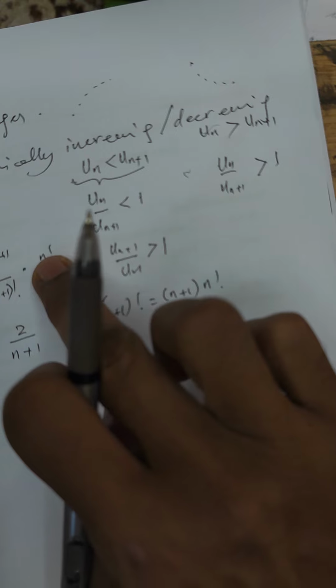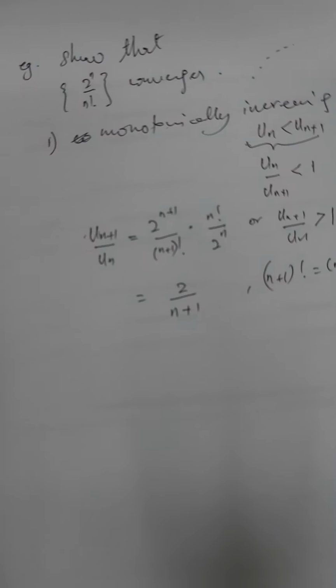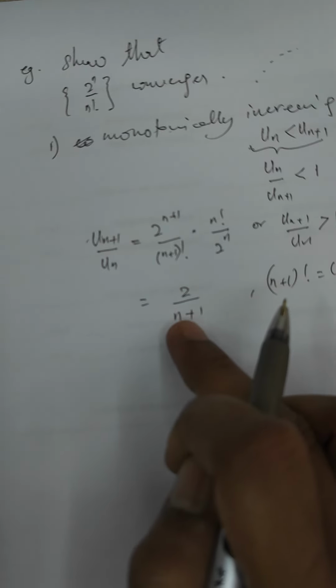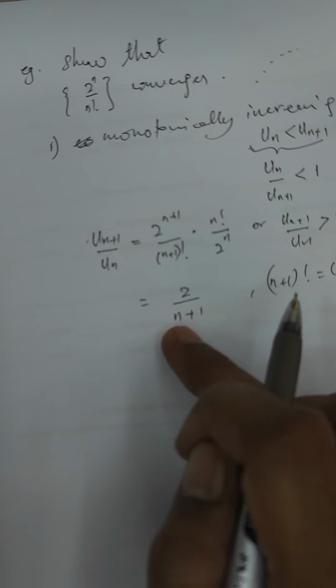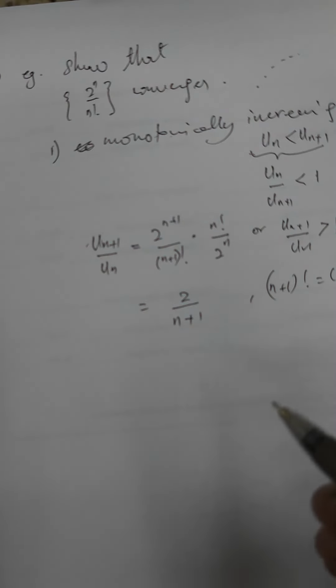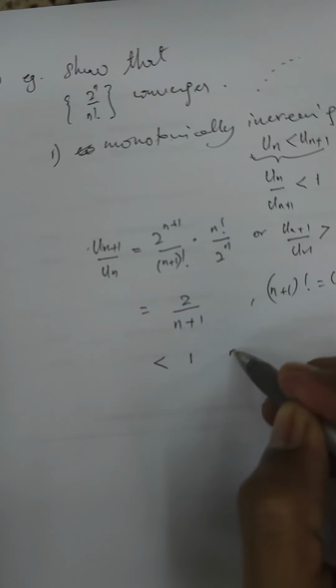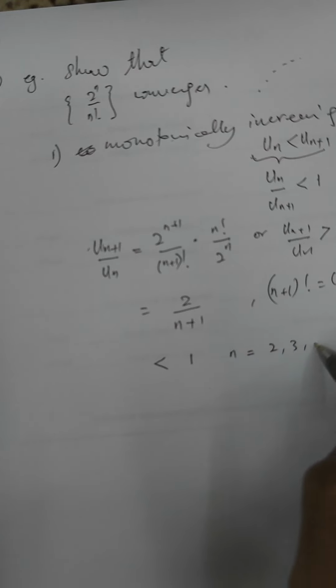What is left is 2 over n+1. And this, for n equal to 1, gives 1, and for n equal to 2 and so on, gives less than 1. So this is less than or equal to 1 for n equal to 1, 2, 3, 4, and so on.